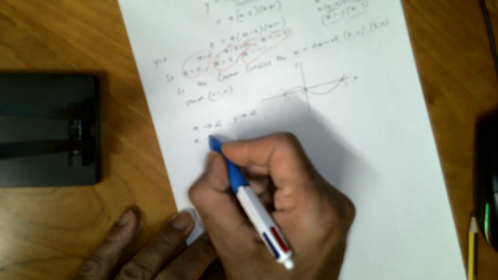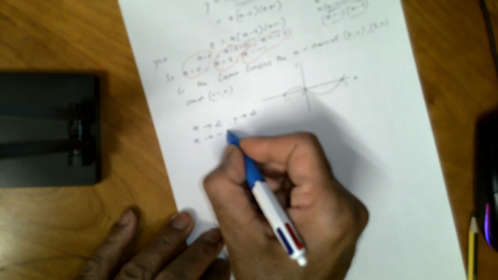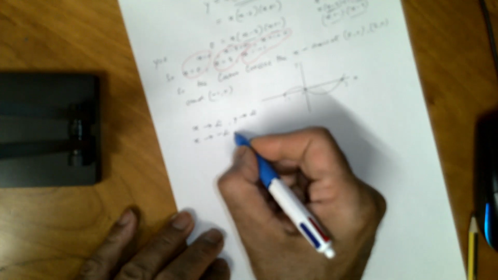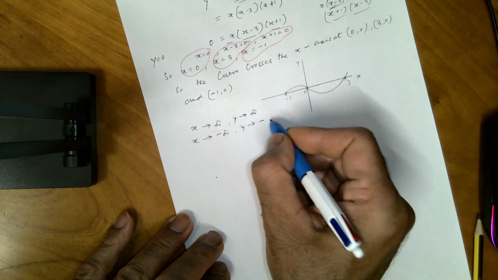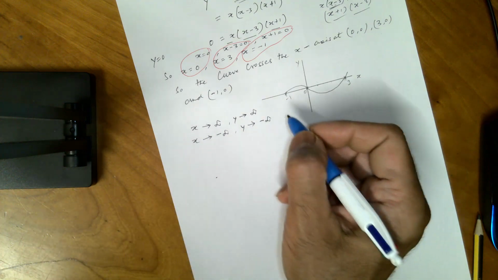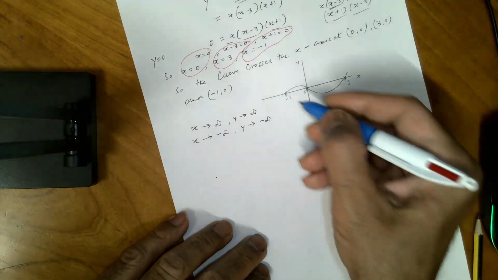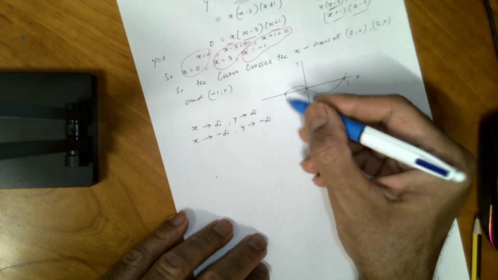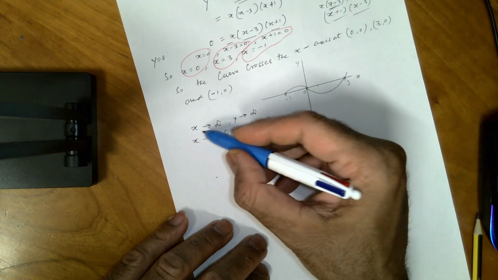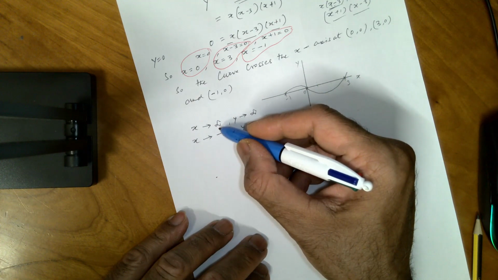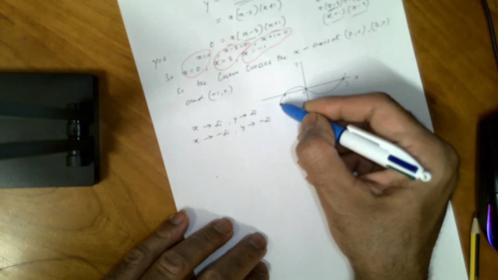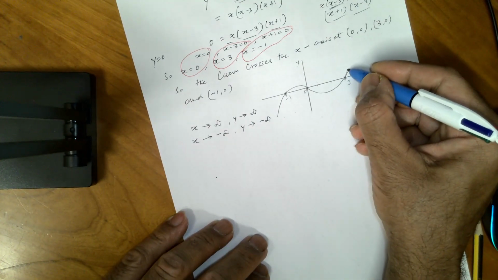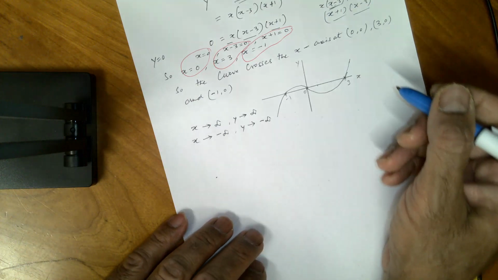And if your x is negative, then your y would also be negative. So it would be different than your previous one. You'll find now if x is infinite, then y is infinite as well. So you see that your curve will be like this.